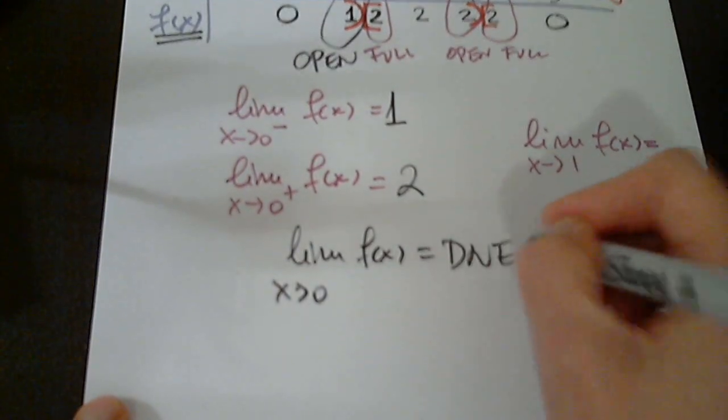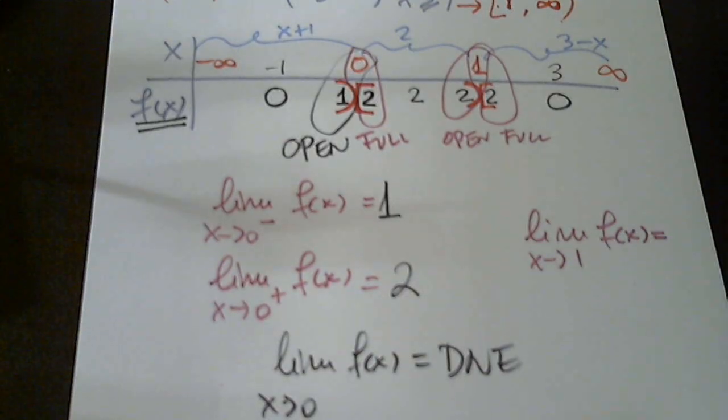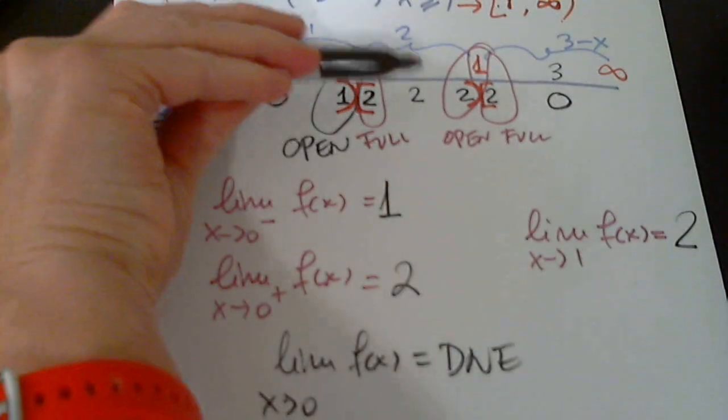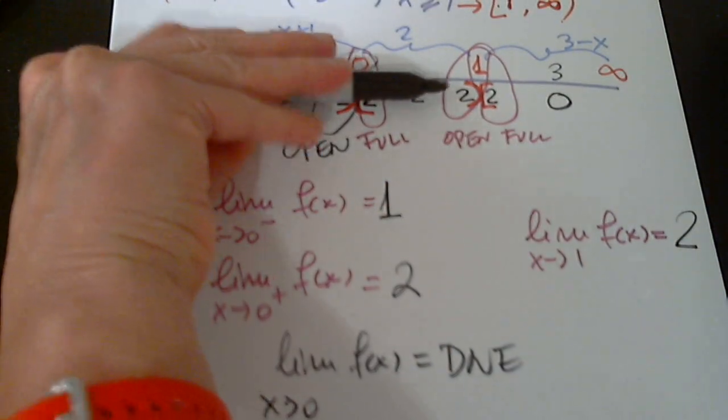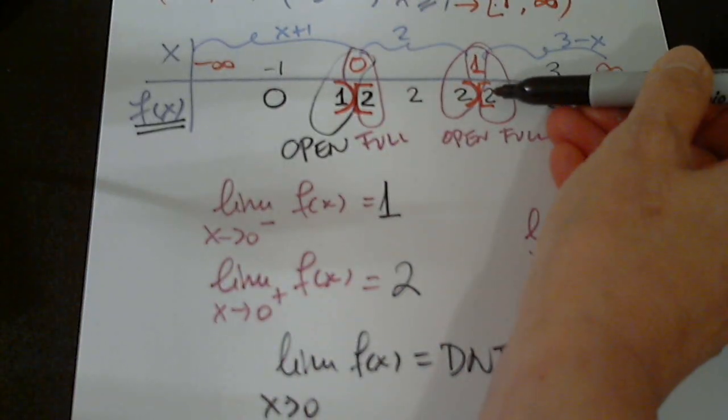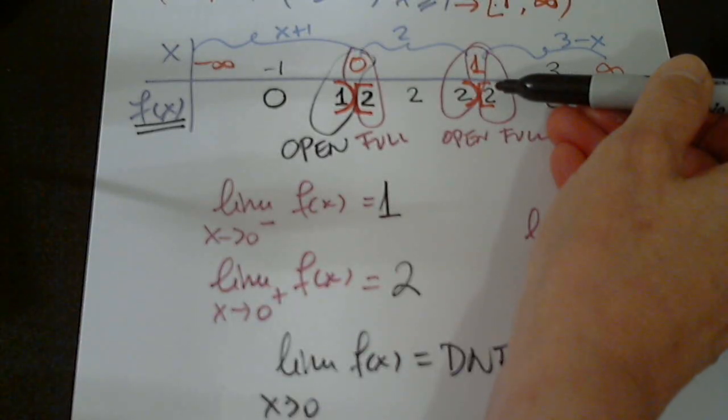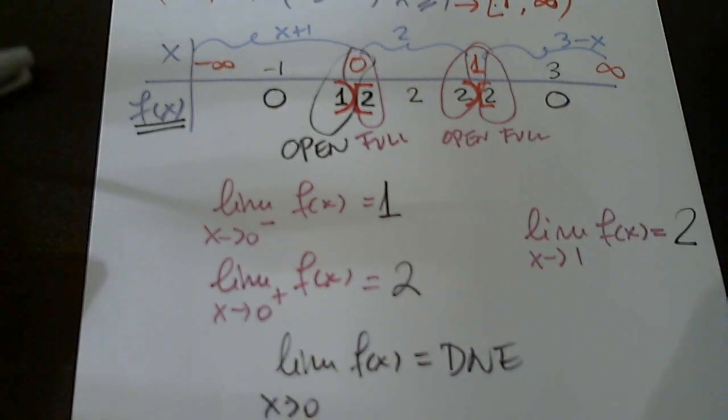Excellent. What will you say about the limit as x approaches 1 from either side of f of x? 2. Exactly. Because the left has the target 2 and the right has also the same target. Excellent. Now we're ready to graph it.